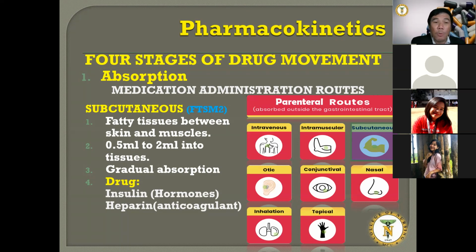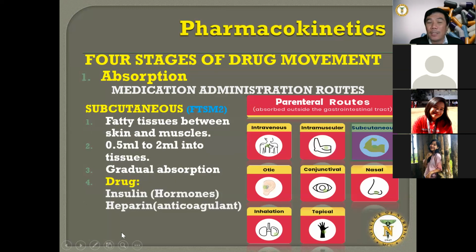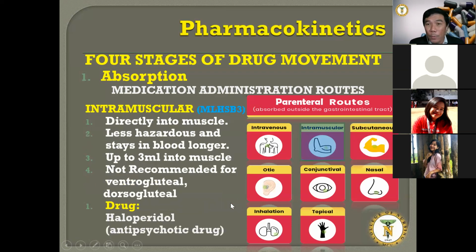Okay, so the same with the muscle. Actually, for intramuscular, it stays longer in the blood. But for the subcutaneous tissues, there is gradual absorption. So what's the difference in here? It stays longer, but for subcutaneous, there is gradual absorption. I forgot to mention, before I continue with subcutaneous, one of the examples given for intramuscular is haloperidol.